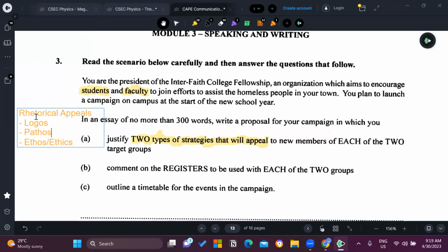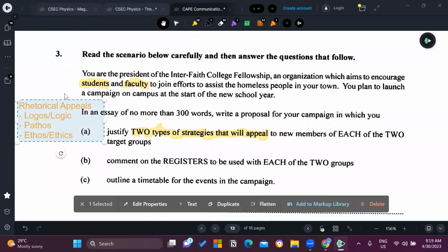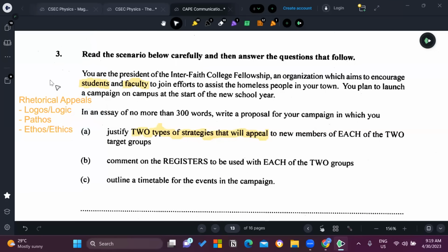I like to say pathos for passion so I remember it, and logos for logic and reasoning. So those are the rhetorical appeals that you'll have to mention when giving your proposal.